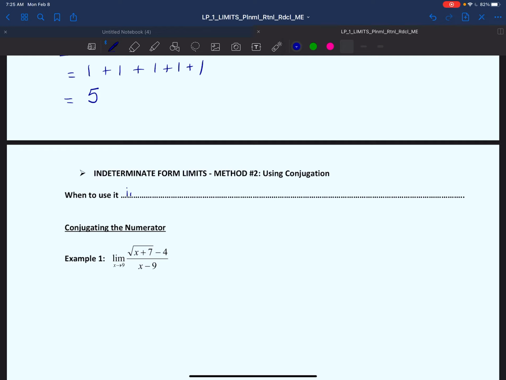So use it in rational functions that involve radical numbers. So this is probably the more exciting part of this lesson. Okay, radical numbers or radical terms, okay?